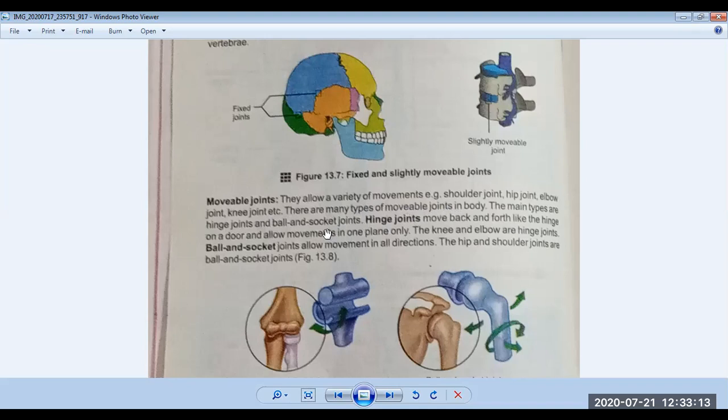The main types are hinge joints and ball and socket joints. First we will discuss the hinge joints. This is a type of movable joint because they allow a variety of movements.